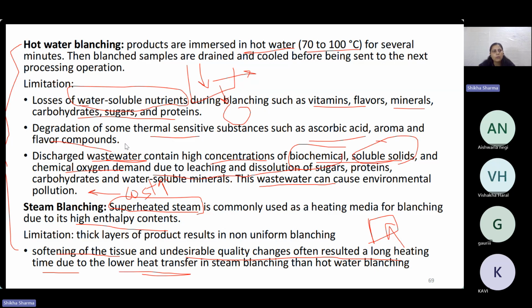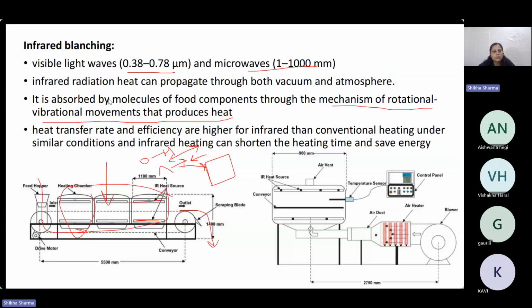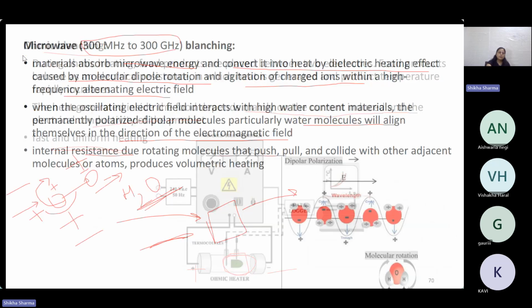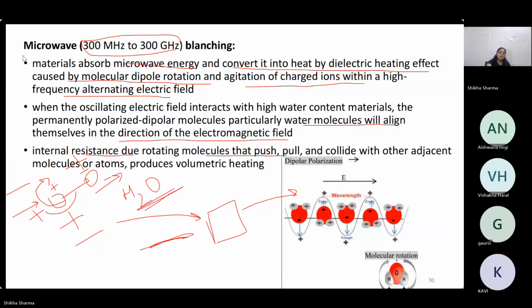But when we talk about these novel technologies, what is going to happen is, the water which is already present in the food is the only water utilized to produce a dipole movement, or the food's electrical conductivity or resistance property is utilized in these methods. So we are not taking extra water, only the water present, and the compounds are not leaching with the water.